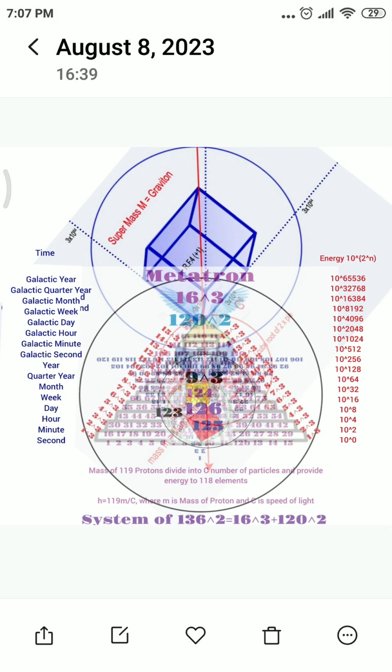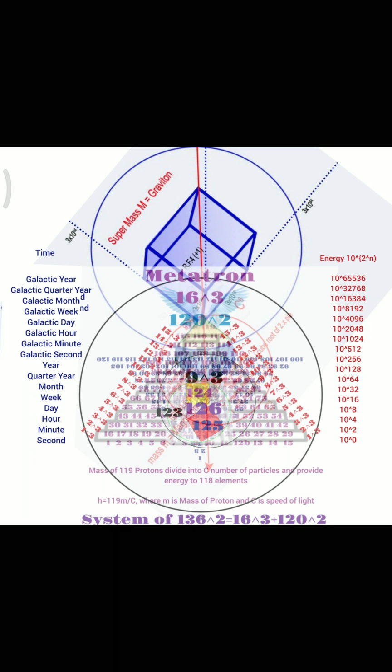And the same thing I explained here. 16 cube is where the Metatron guy will rise up from, and 16 cube is a pure energy form.